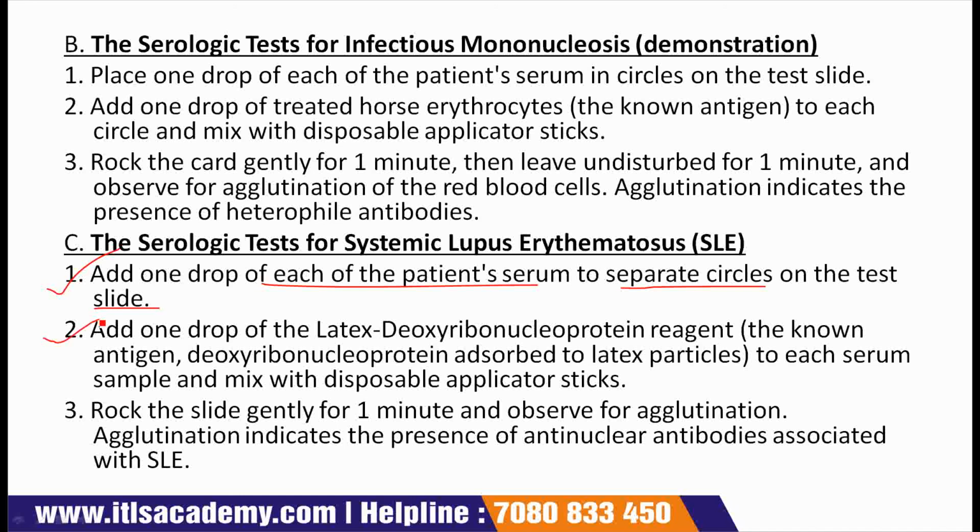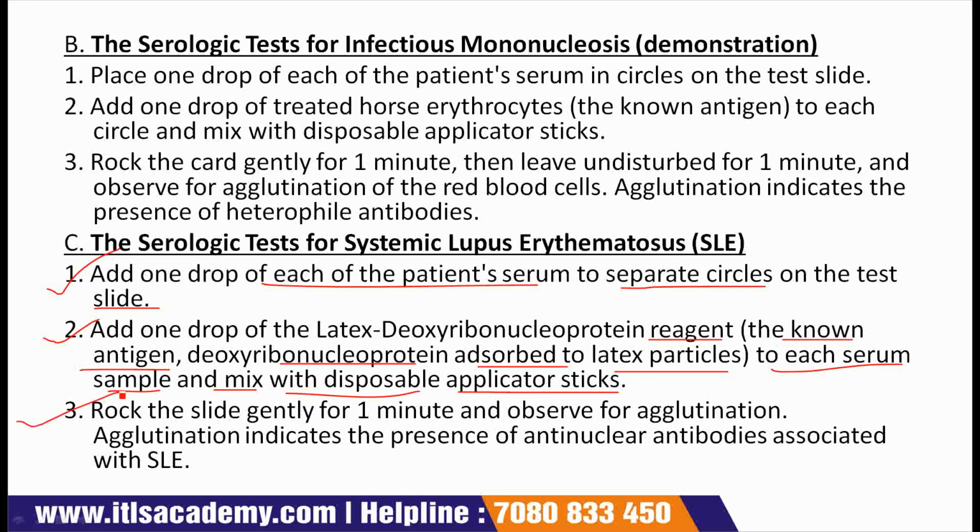Next point, add 1 drop of the latex deoxyribonucleoprotein reagent, that is the known antigen, deoxyribonucleoprotein adsorbed to latex particles, to each serum sample and mix with the disposable applicator sticks.